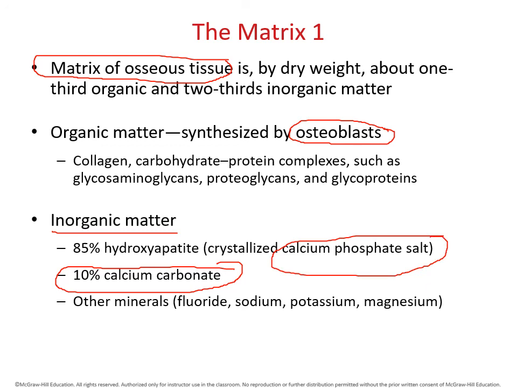This will make up the majority of your matrix. As you can see, two-thirds of it will be inorganic material. So we need to talk about the process of calcification or mineralization, which means we're going to talk about how exactly it hardens and provides strength to the matrix.